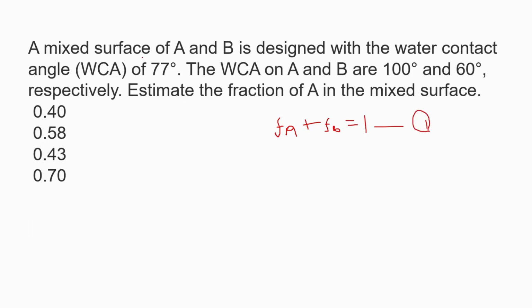And then using these angles, we can form a second equation. So we'll use the equation cos theta equals FA cos theta A plus FB cos theta B.